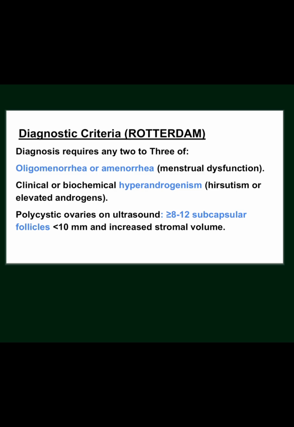The features include oligomenorrhea or amenorrhea, which are menstrual dysfunctions; clinical and biochemical hyperandrogenism, which is hirsutism or elevated androgens; and polycystic ovaries on ultrasound, which show 8 to 12 subcapsular follicles less than 10 millimeters, and increased stromal volume. We need at least two of these features to consolidate our diagnosis of polycystic ovarian syndrome.